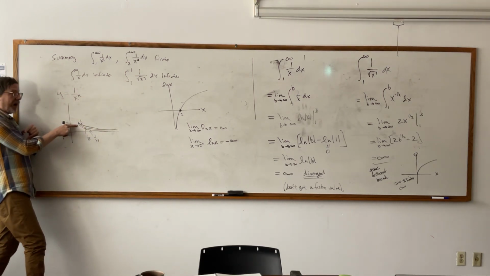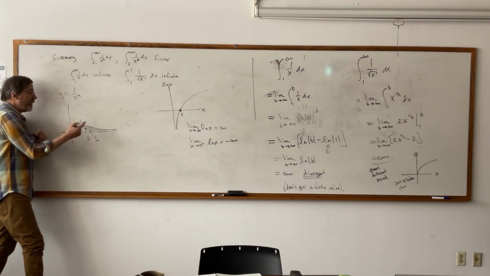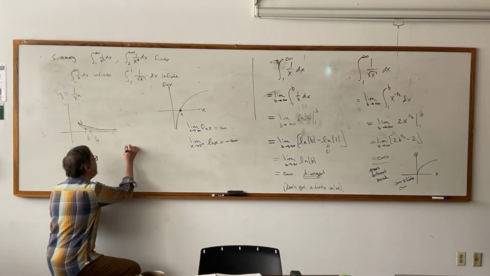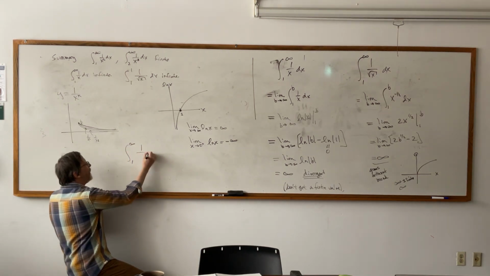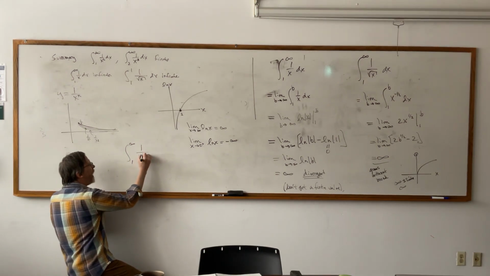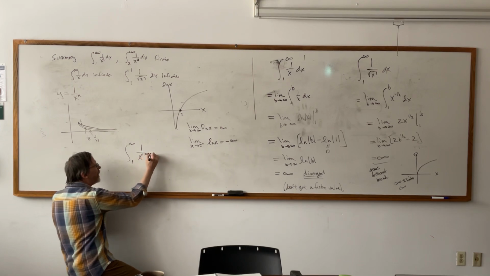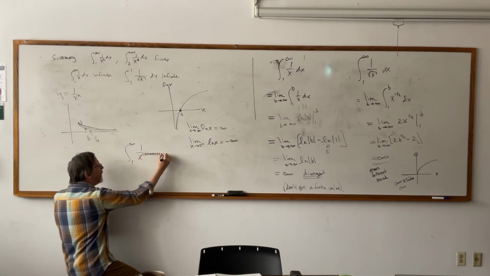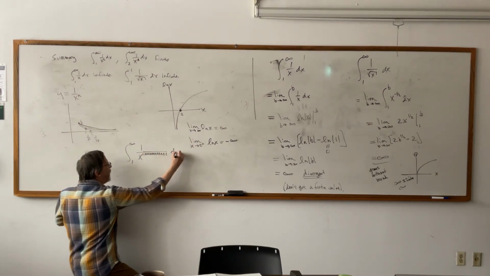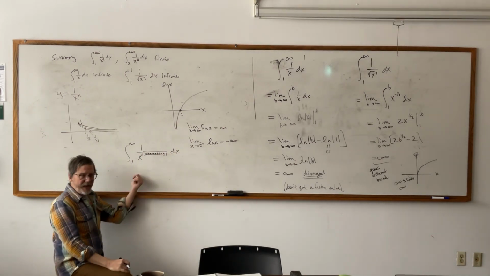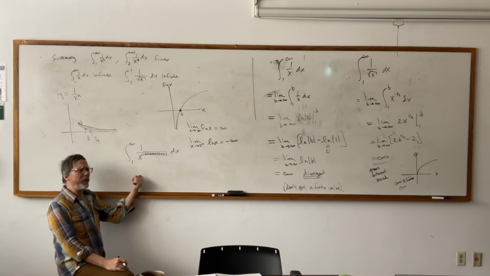Whereas at 1 over x, that area is infinite. But even this, if I gave you this integral, what is the integral of 1 over x to the 1 point, that integral is finite. Let me prove it to you really quick.